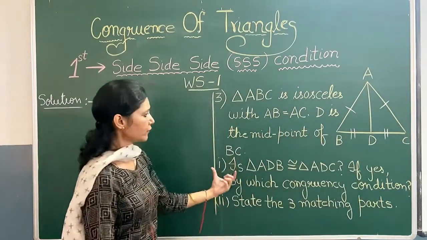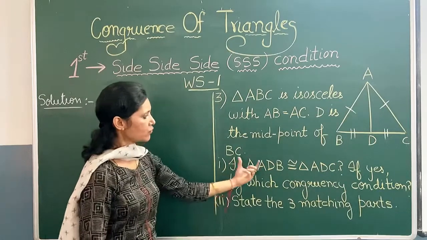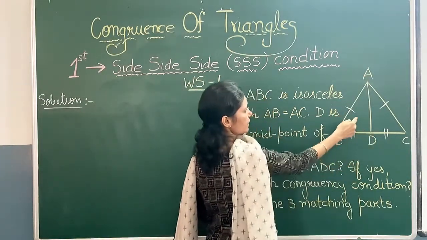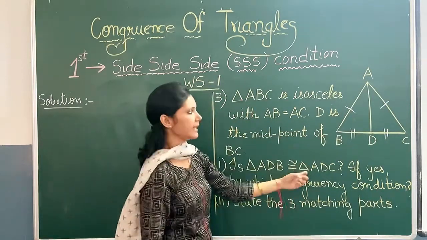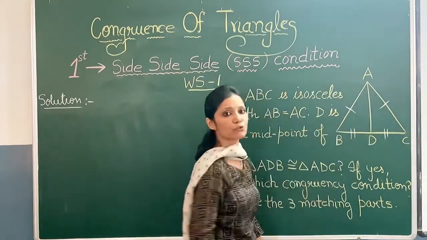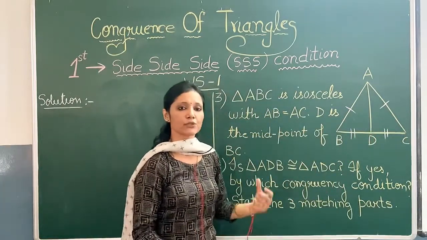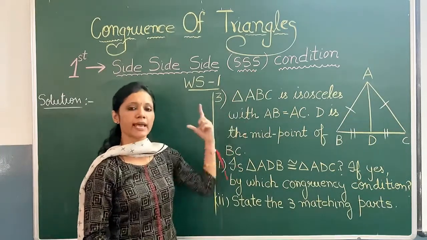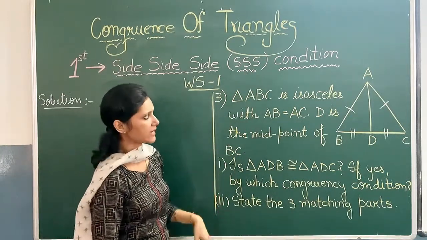Fine. Now the first part of the question is triangle ADB congruent to ADC. So we have to check whether these two triangles are congruent or not. That means we have to first check the 3 conditions S, S and S. So let's check it out.